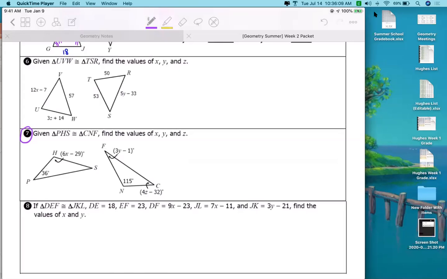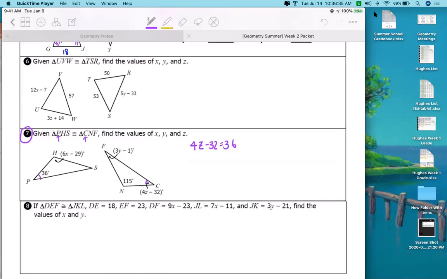Okay, so if I look at P and C, oh wait, sorry, we're looking at angles, we're not looking at sides. So P is here and C is over here. One of them gave me a number, one of them gave me an equation. So I'm gonna set them equal to each other. I have 4Z minus 32 equals 36.